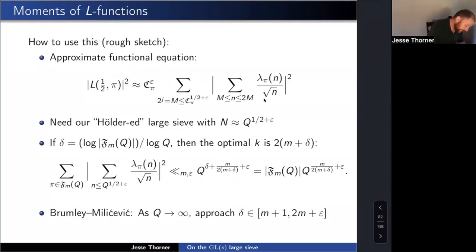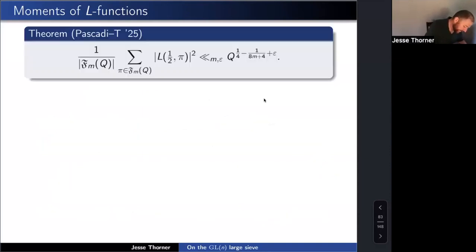And well, this fraction is only getting worse as delta gets smaller, so I may as well assume that delta is closer to m plus 1, and this gives us an upper bound for the second moment of L functions in our family, and that is given to us by this. All right, so I'm normalizing for the size of the family here, and we're left with q to the power 1/4 minus 1 over 8m plus 4. So this is actually a new bound for all m at least 2.